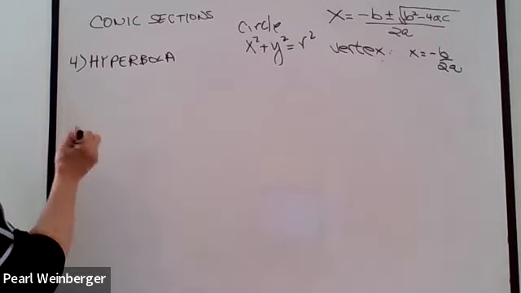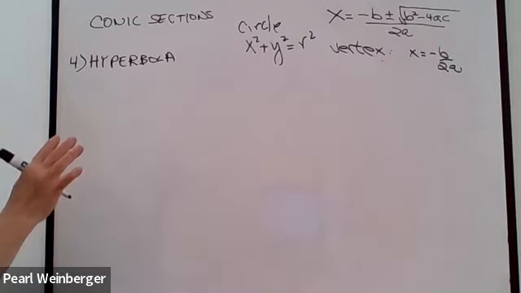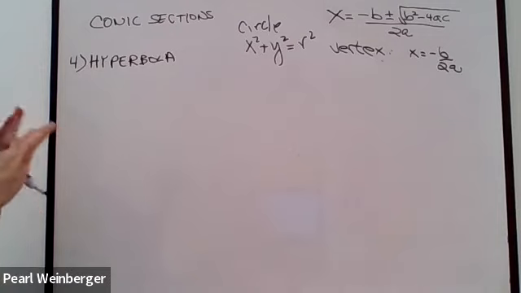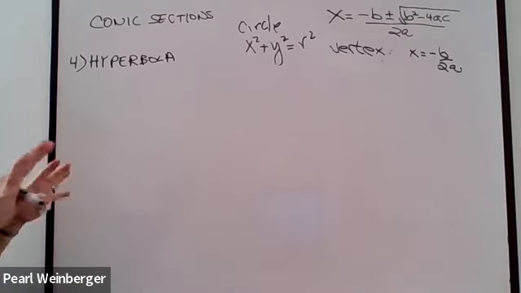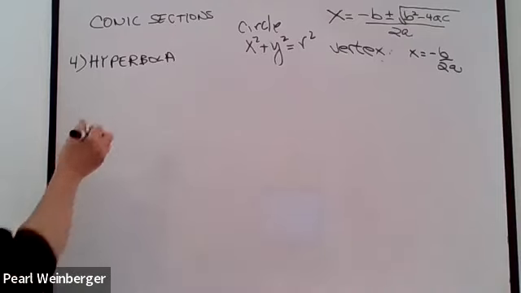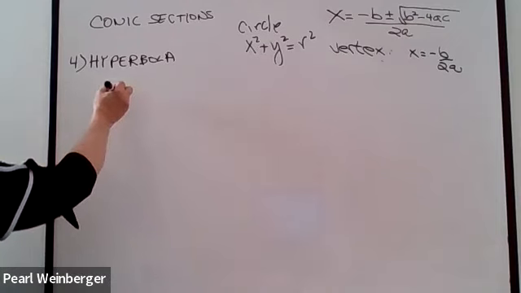There are two ways a hyperbola could look that we're interested in. Again, we could go into much more complicated examples, but we're talking about the basics that you have to know for this course.